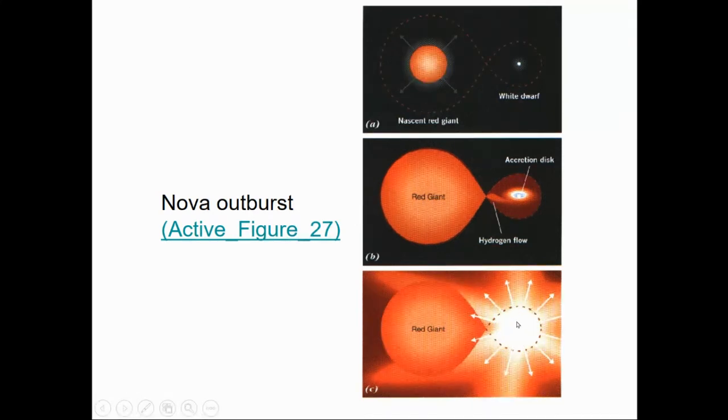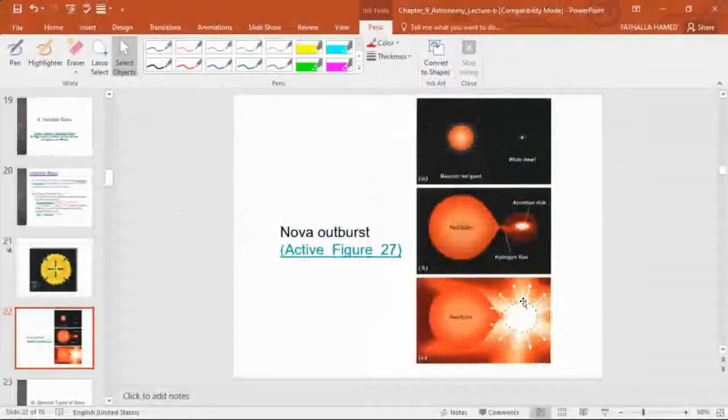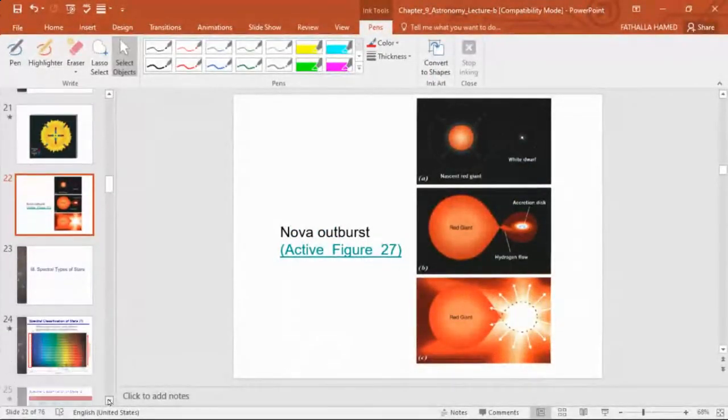Now, white dwarfs have a limit. They cannot exceed 1.4 solar mass. And once they exceed that, they will basically give what's known as a nova outburst, because the white dwarf is exceeding the 1.4, and this is what we call nova, or sometimes we call that supernova type 1A.